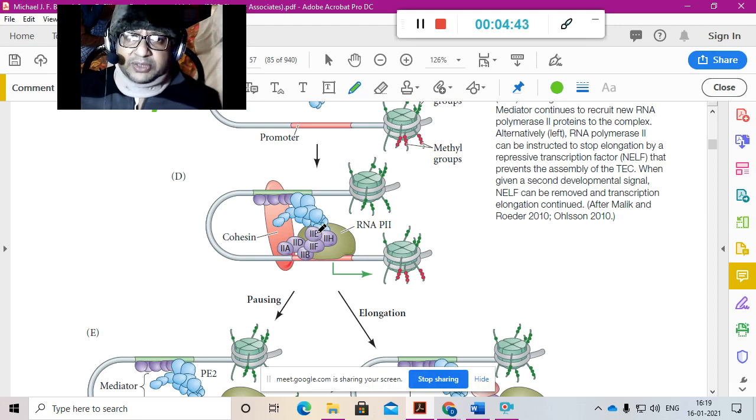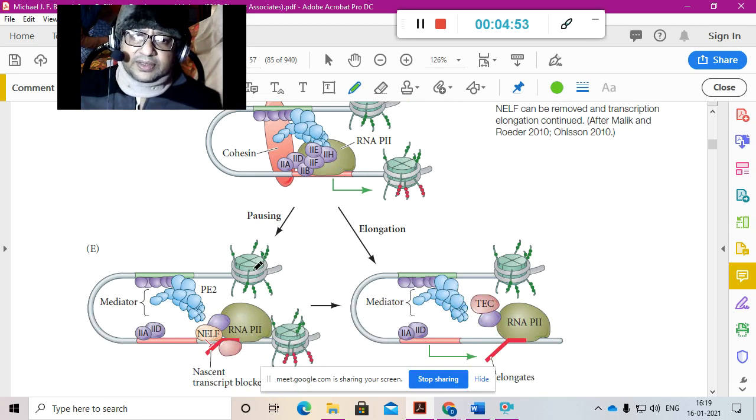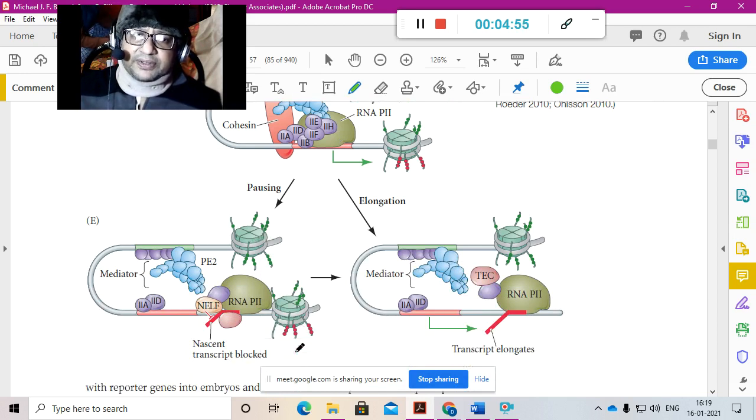I think this will be taught by Zarka madam or Kaushik sir. This transcription initiation complex will be formed over here. Now, if this region is bound by the nucleosome, it is not accessible. It is paused. Transcription will not start because this is bound over here.